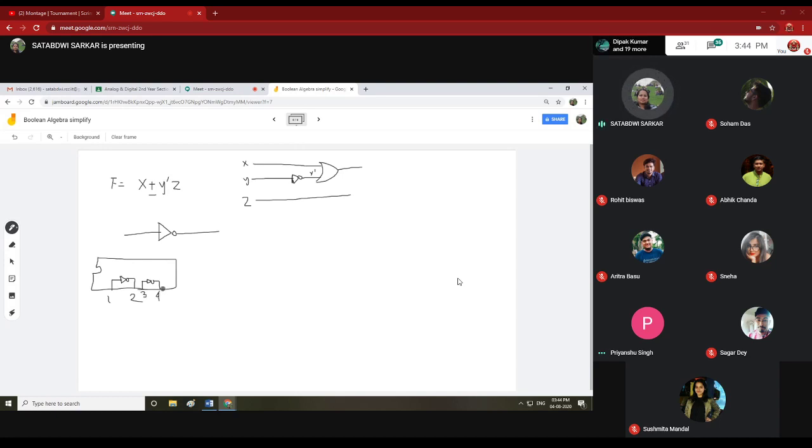So simple gates are there. That's why in the NOT gate, here it is 5 and the output is 6. So in this way there are again 3 gates. So in total we can get 6 gates in a single IC. So there is no problem.